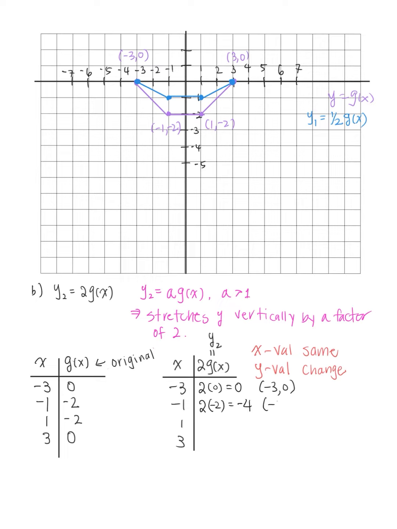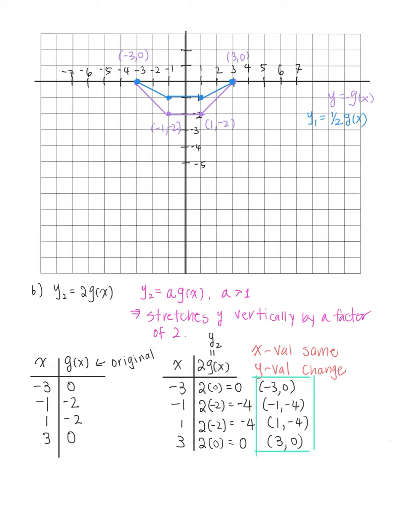So we're plotting negative 1 comma negative 4. And when x is 1, we get 2 times another negative 2, which gives us negative 4. So plot 1 comma negative 4. And when x is 3, we get 2 times 0, which is 0. So we got the 3 comma 0 going on again.